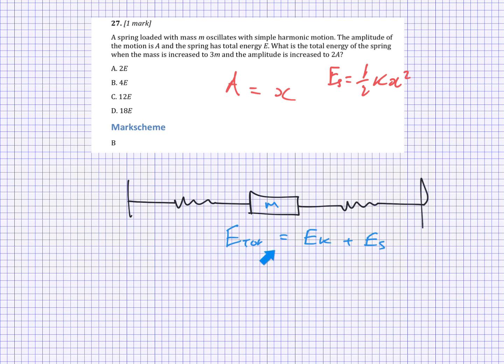Well, the total energy is going to be a sum of the kinetic energy and the spring energy, but the total energy of the spring, that's assuming that the spring is completely compressed, so it's at its maximum stretch. So let's go ahead and say that's here and here, with this being the equilibrium position.